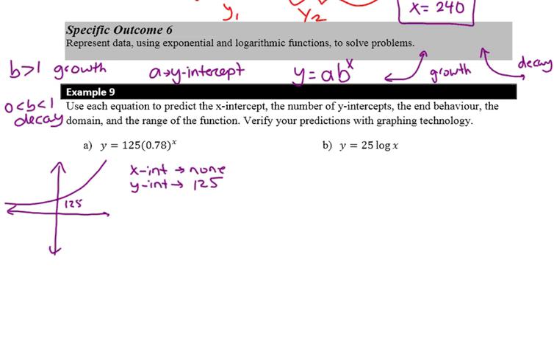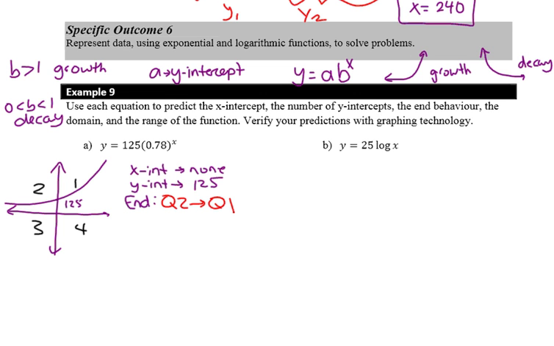125. So end behavior, how would you say your end behavior was? If this is quadrant 1, 2, 3, 4, it goes from 2 to 1.